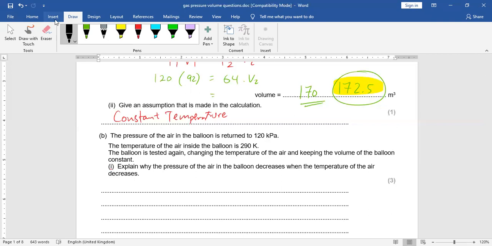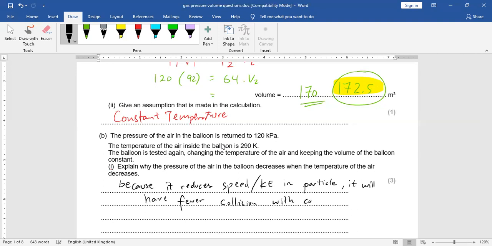For this, you can answer like: because it reduces the speed or kinetic energy of the particles. So if you reduce the speed or kinetic energy of the particles, it will have fewer collisions with the wall or with the container.